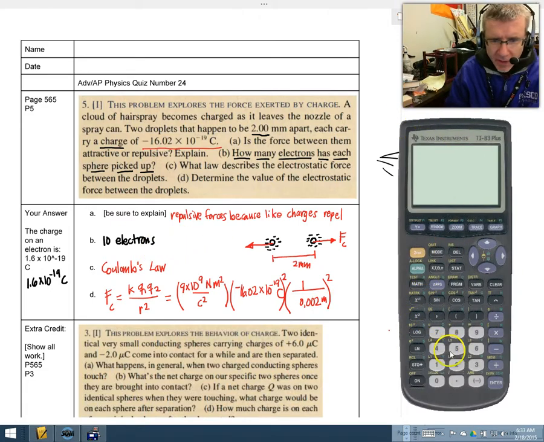Let's plug this in. So 9 times 10 to the 9th on clear. 9 times 10 to the 9th times 16. I'm going to leave off the negative sign because it's not going to affect the magnitude of the force. Times 10 to the minus 19. All that squared. Just to be really careful, let's put in parentheses here.